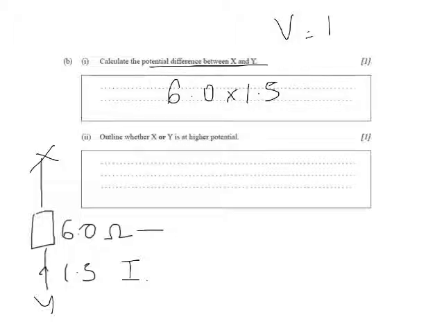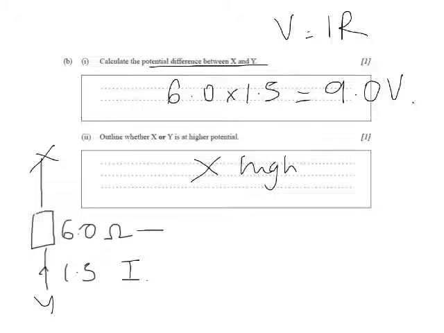Because V equals IR, and that gives us an answer of 9 volts. Outline whether X or Y is at a higher potential. Well, we consider the conventional current. So X is higher because of conventional current. Okay, so we would assume that the current flows from X to Y.